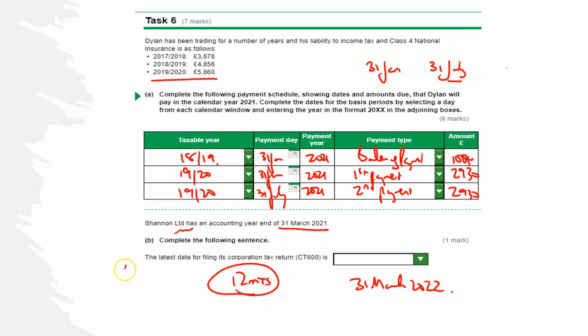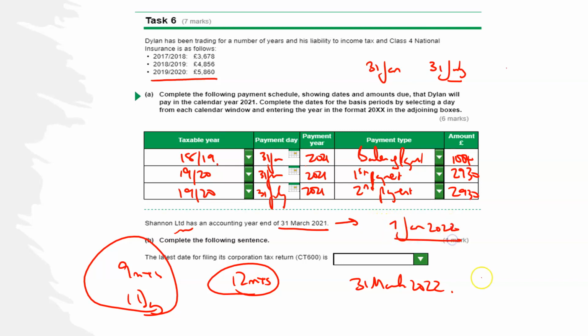We pay our taxes, though, 9 months and 1 day after the year end. So in terms of when you should have paid your taxes, you'd have paid your taxes by the 1st of January 2022. But when you actually send in the return, you will send on the 31st of March, which typically means that most people will typically have filed by the 1st of January 2022 as well. Cool, awesome, great stuff.